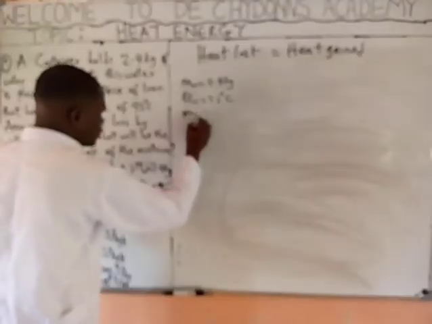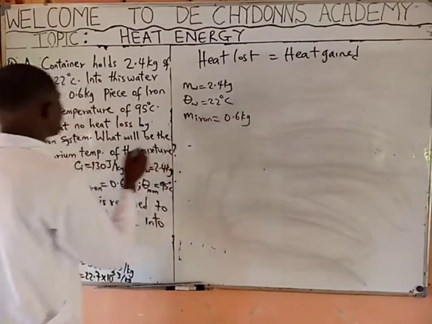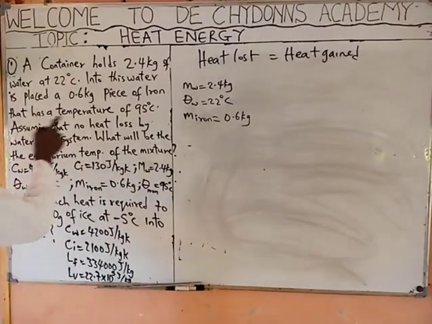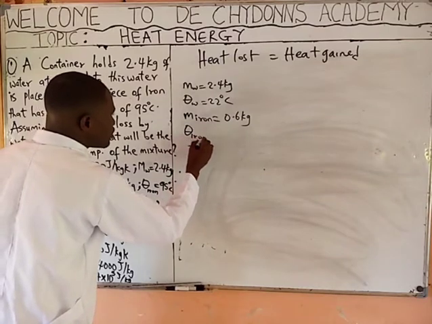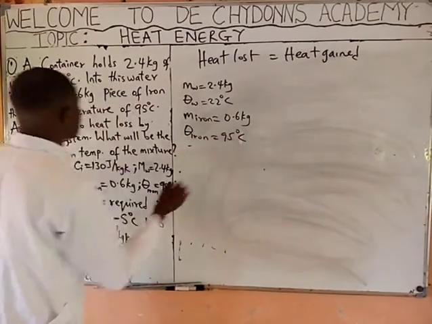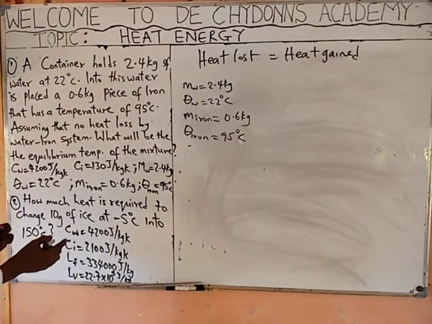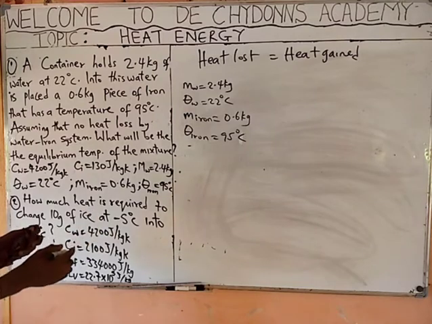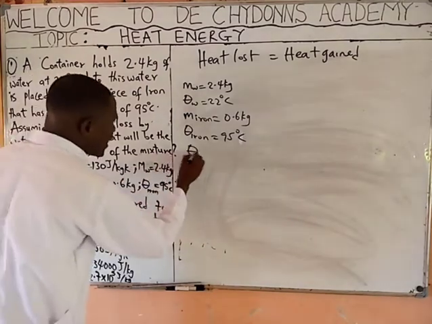Mass of iron equals 0.6 kilogram, that has a temperature of 95. Temperature of the iron equals 95 degrees Celsius. Assuming that no heat is lost by the water-iron system, what will be the equilibrium temperature of the mixture? They said we should get the final temperature.